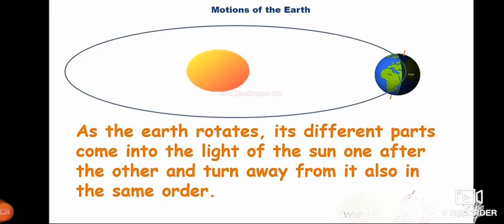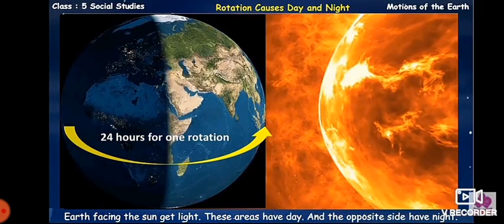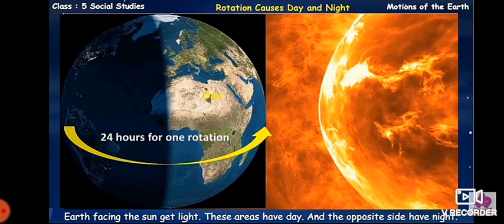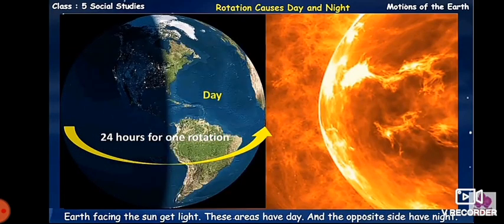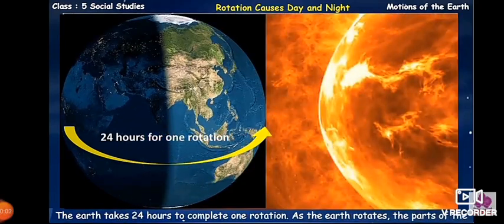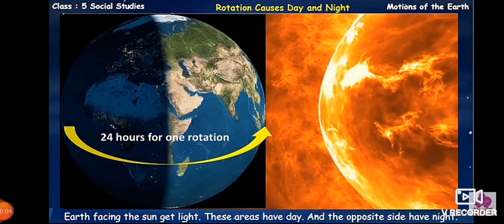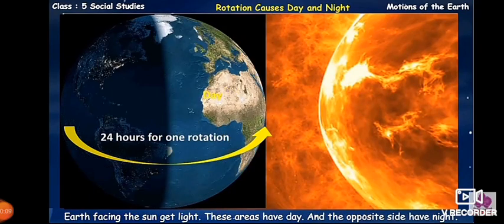Did you understand? So see here. In this video you can see that on the right side we have the sun and on the left side we have the earth, and you can see how the earth is rotating, and because of it how different parts are coming into light and other parts are going into dark at the same time.